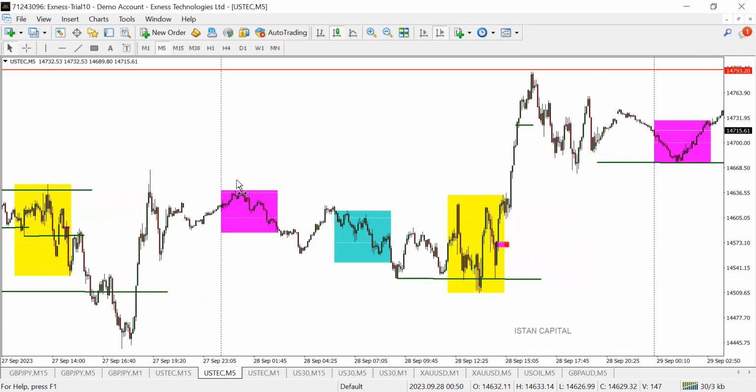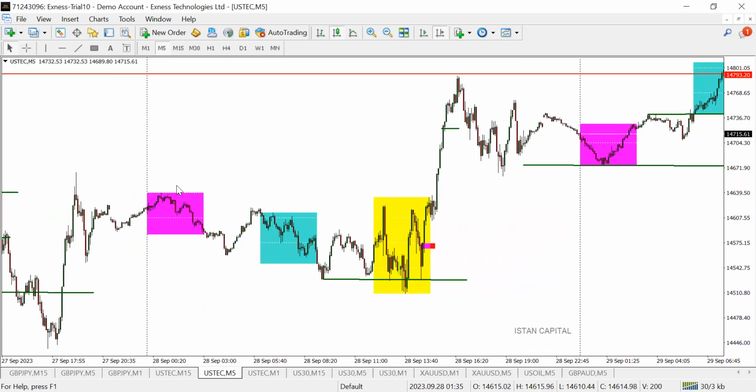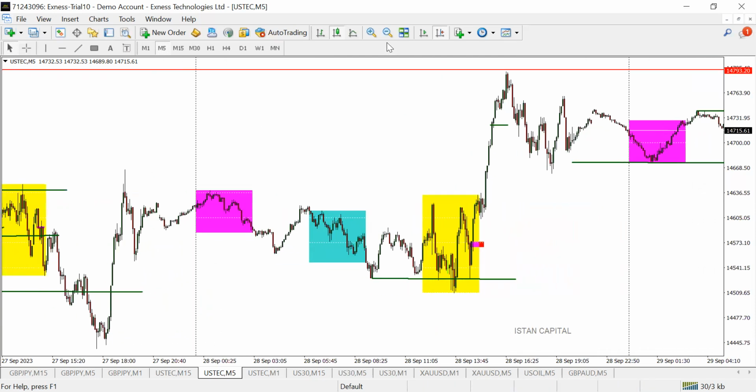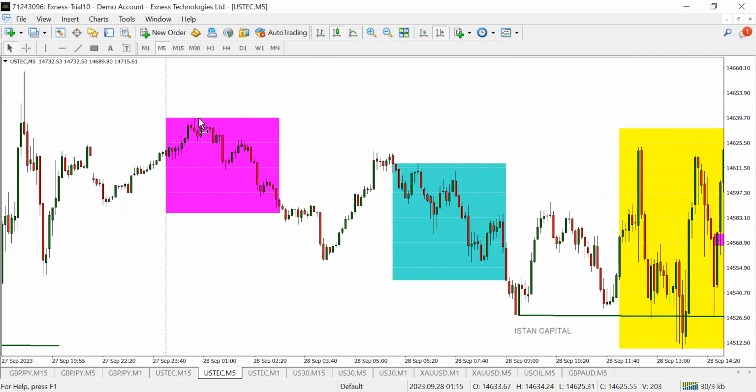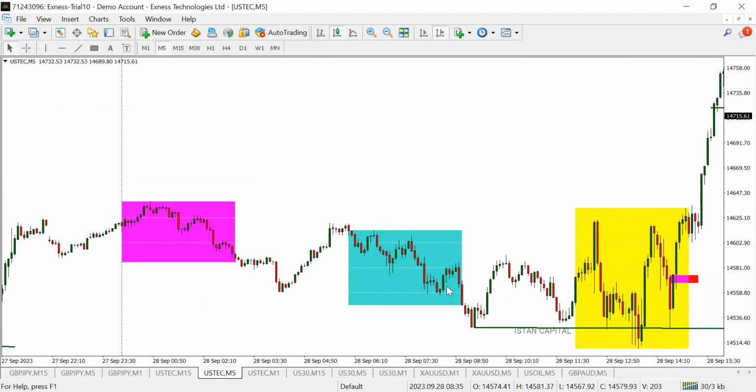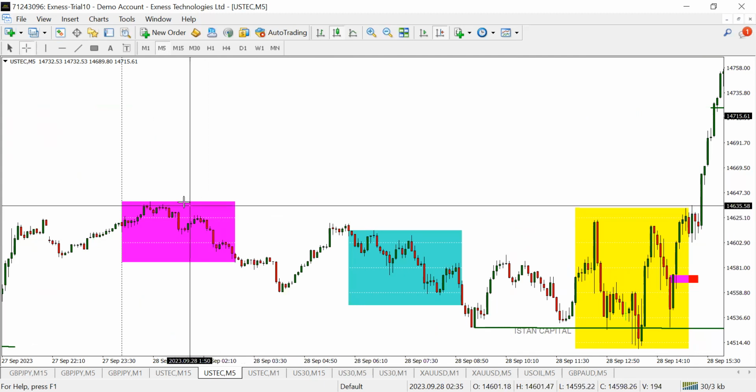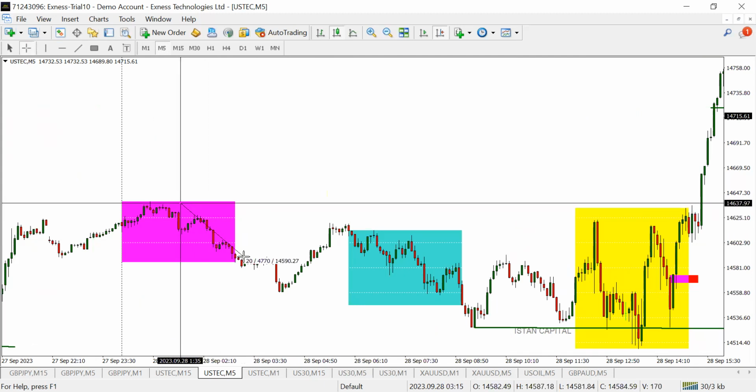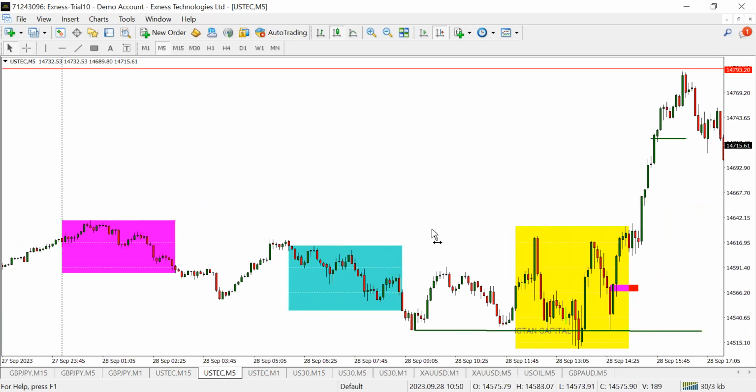Now you come into the next day. Market is going down. Come to this day right here. Market is going down. You count your levels of drop. 50, 100, that's level 2.